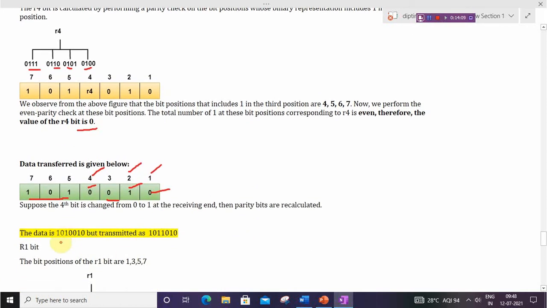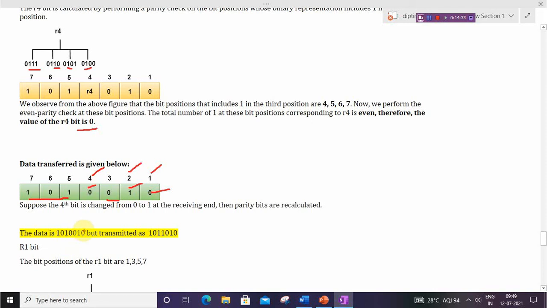The data is 101010. Okay, so we transfer the bits 101010. So in this way we can transfer the data to the receiver. But let us consider here the data is changed.